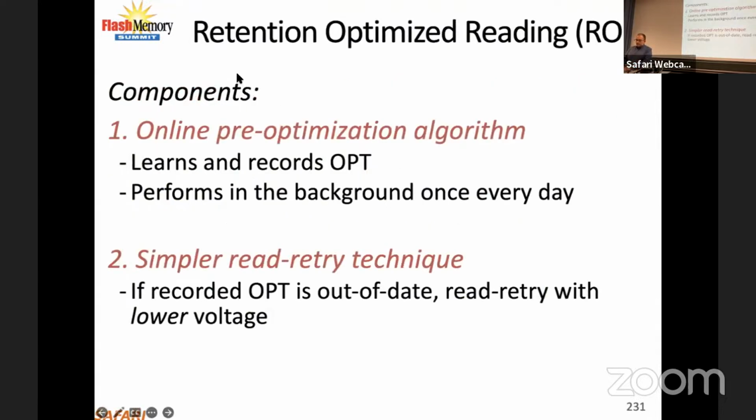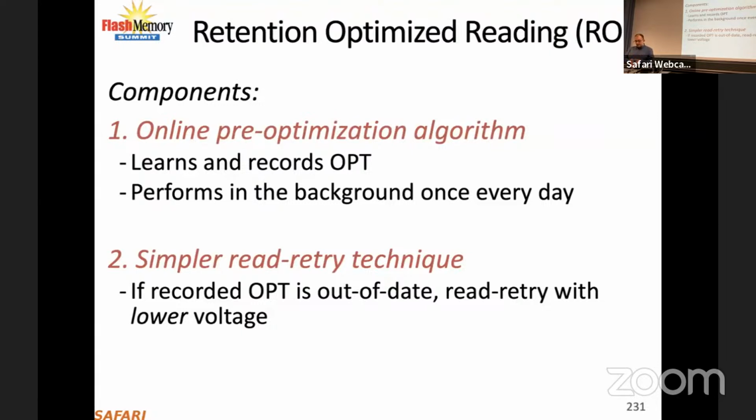Then we get to this technique, retention optimized reading, ROR. It has two components. The first is an online pre-optimization algorithm that learns and records the optimum voltage, and performs in the background once every day. Then we have a simpler read-retry technique: if the recorded optimum is out of date, we need to read-retry with a lower voltage. You have some recorded optimal voltage, and you use that to access your flash memory.